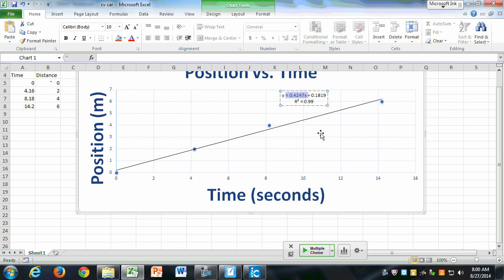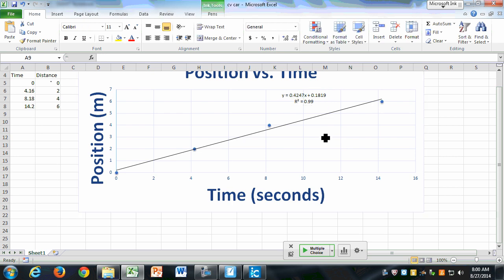So if I plot that velocity versus time, see if I can draw it here. My velocity versus time is going to look like this. This value of the velocity right here will be the slope of our graph, which is 0.42. I'll just call it 0.4 meters per second. And that means that this car travels along 0.4 meters every second.